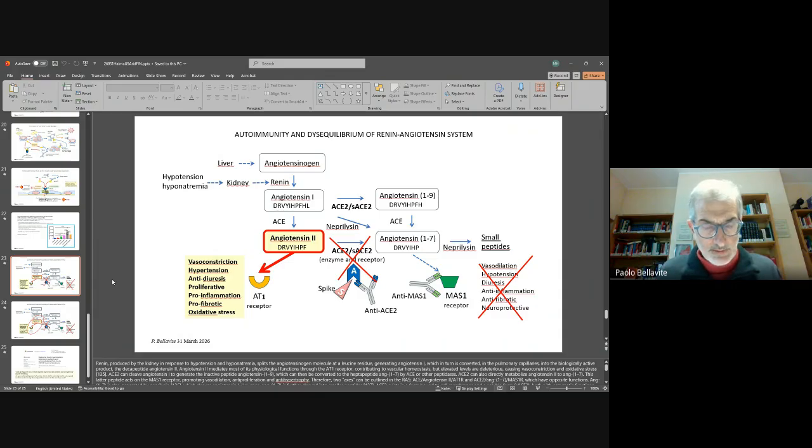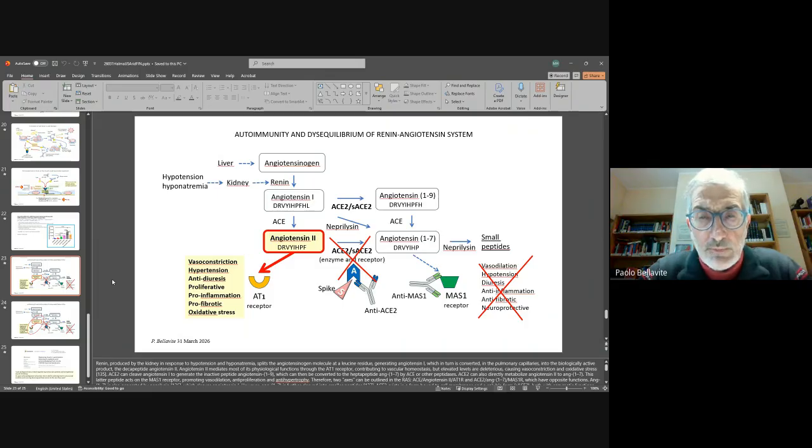Finally, this figure summarizes the functioning of the RAS and the main points where the three different types of antibodies can act. With regard to ACE2, if the antibodies block the activity of the receptor carboxypeptidase, this could lead to increased angiotensin II levels and subsequent activation of the AT1 receptor.